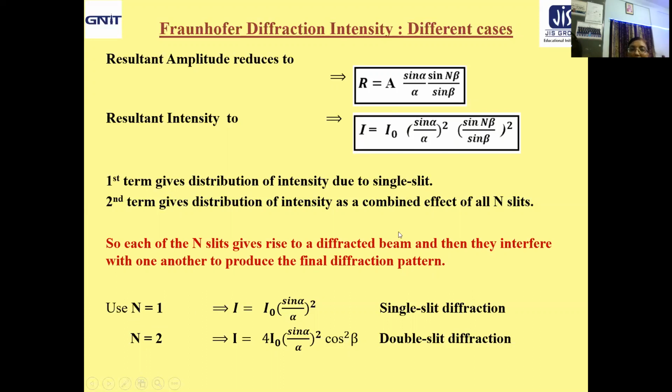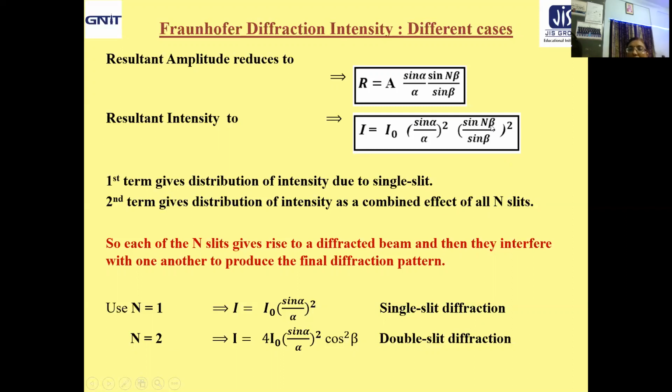Now, let us come to the special case, that is n equal to 1. So, single slit. So, put the value of n equal to 1 here. What you will expect? I equal to I0 sine square alpha by alpha square. That is single slit diffraction you are getting. If you put n equal to 2, then it is the double slit case. It should be sine 2 beta, meaning 2 sine beta cos beta, whole square.